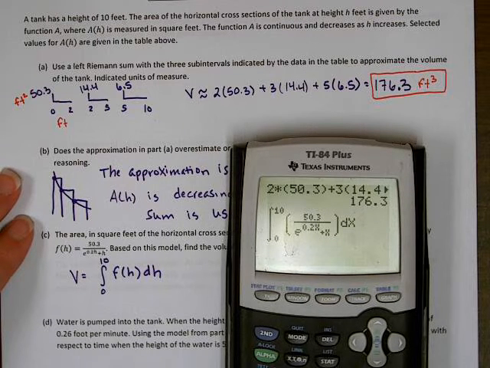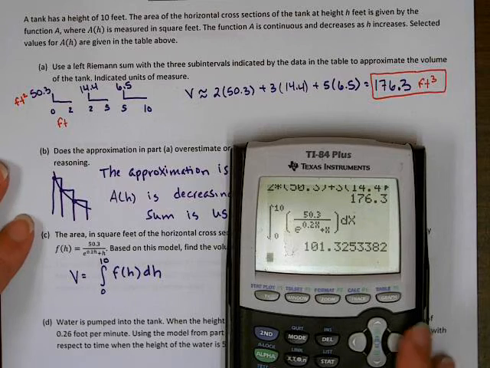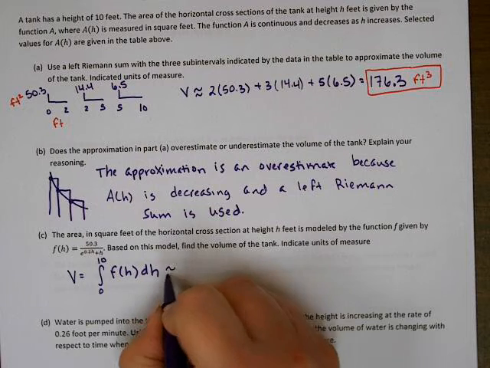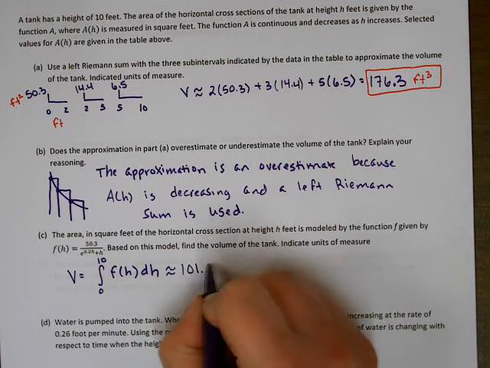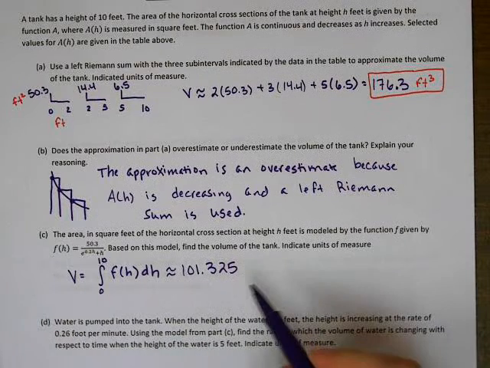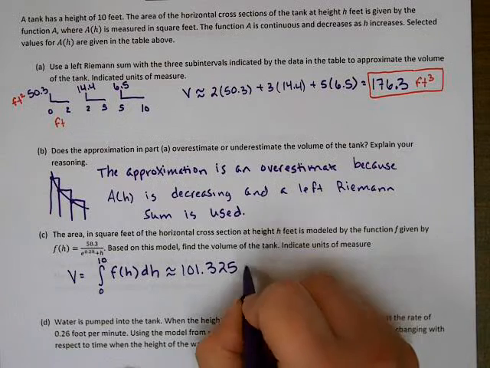We're integrating with respect to x. And remember, we want 3 decimal places, so this is approximately 101.325. And we need to think about our units. So again, we're doing volume, so we get those cubic feet again.